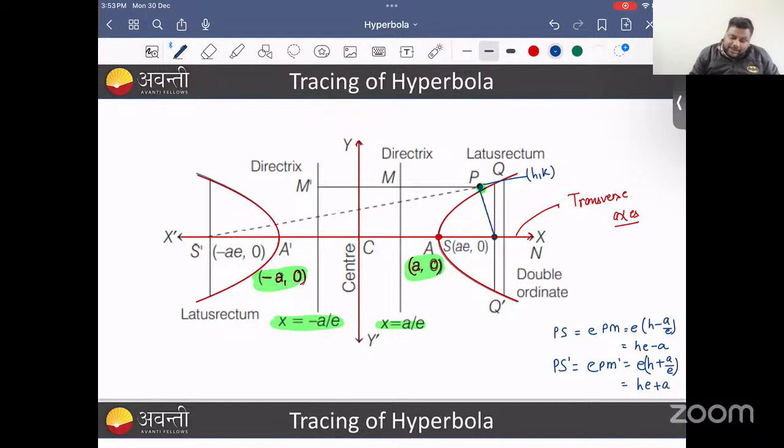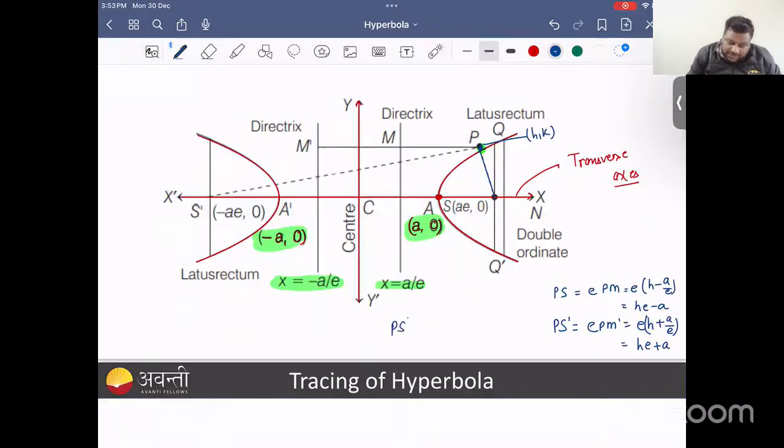Now, if I subtract both of them, that is PS dash minus PS, what are you going to get? You are going to get 2a. Got it? Now, this point P can be on the left branch of the hyperbola, so I'm directly taking the modulus. So |PS1 minus PS2| is equal to 2a. This is the focal distance property of the hyperbola.